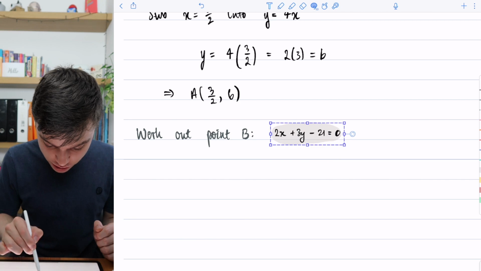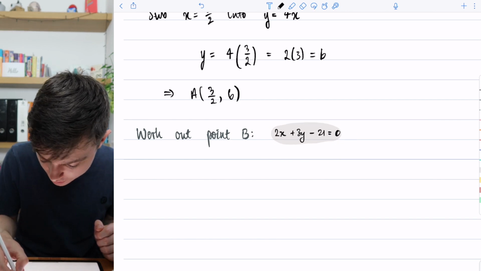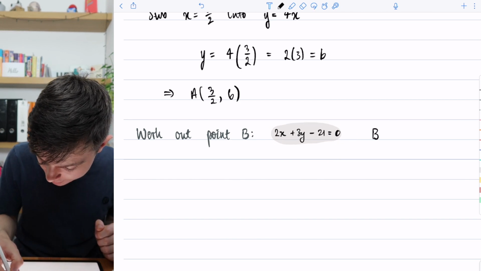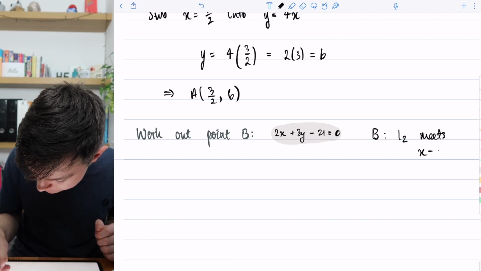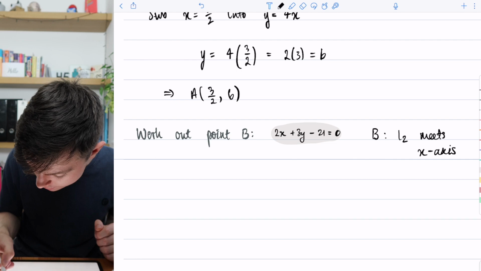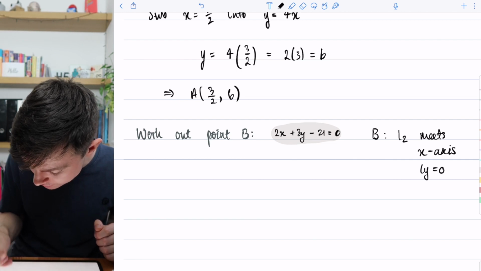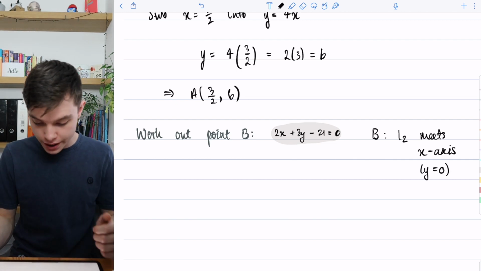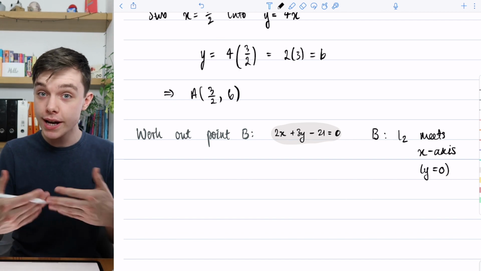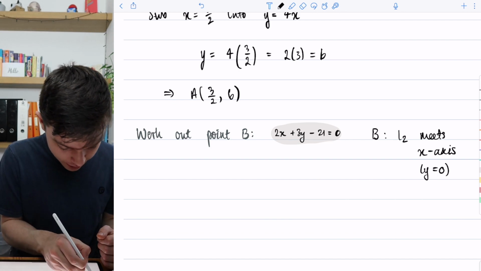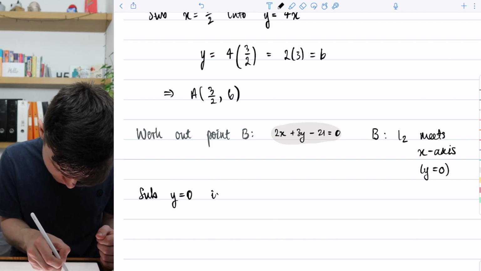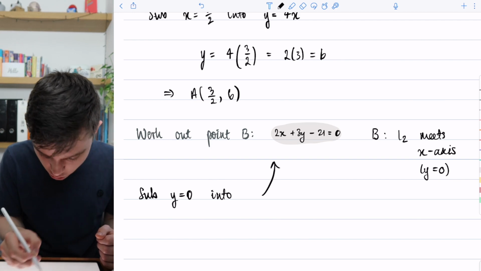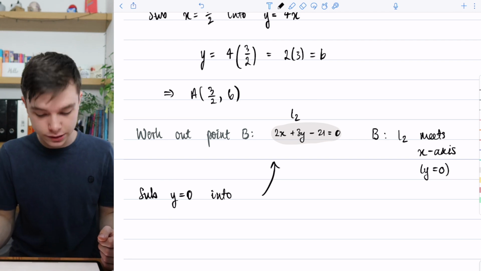This is the equation of L2, and B is where L2 meets the x-axis. Now, at the x-axis, y is 0, because anywhere along the x-axis, y is 0. So all I need to do is substitute y equals 0 into that equation, because that's the equation for L2.